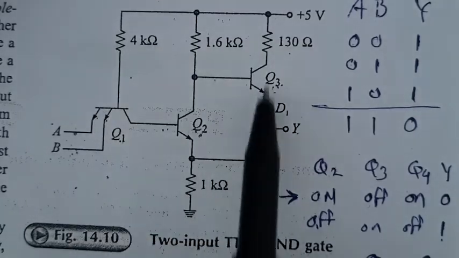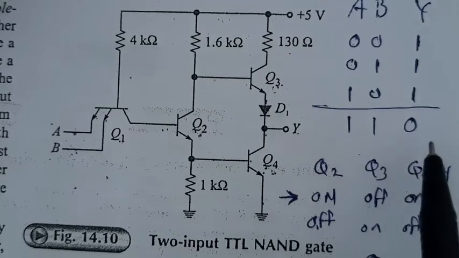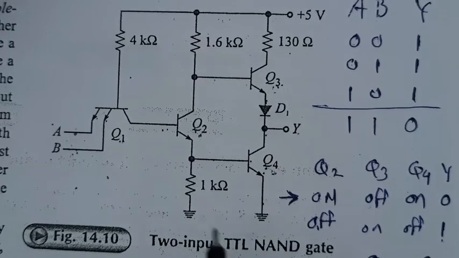Therefore this circuit will work to satisfy the truth table of a NAND gate. As it is made up of transistor logic, this is known as a TTL NAND gate.